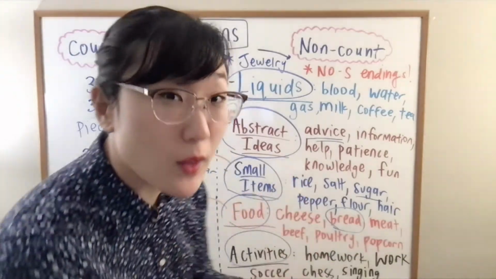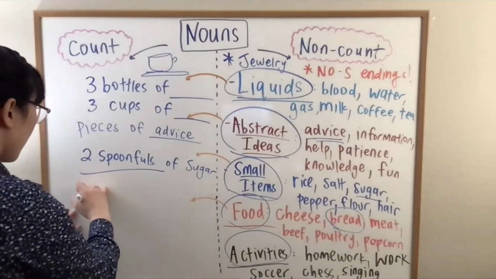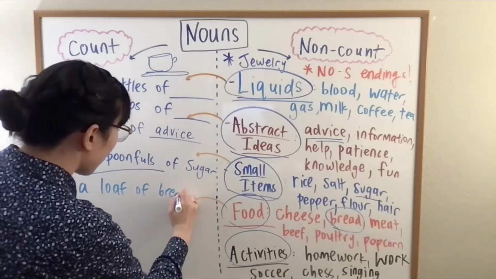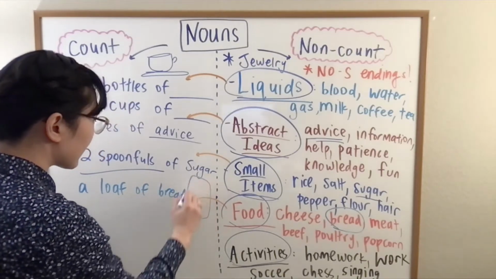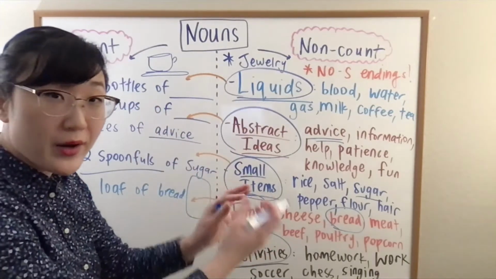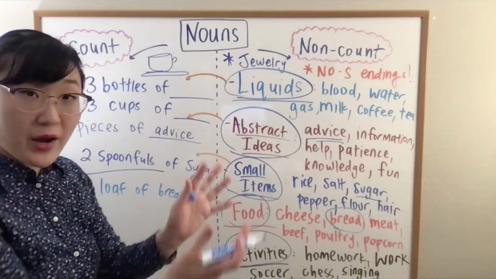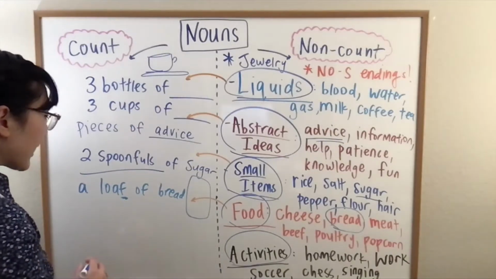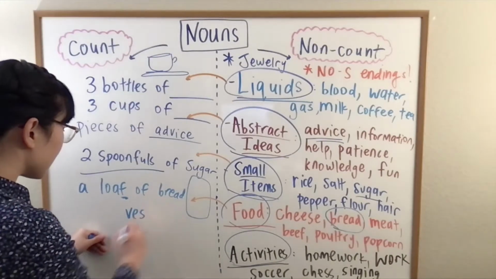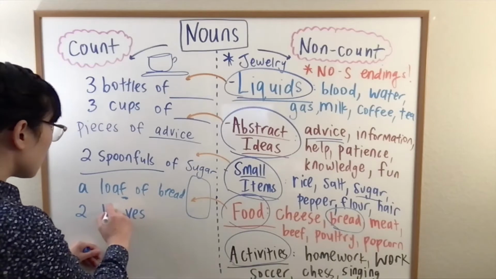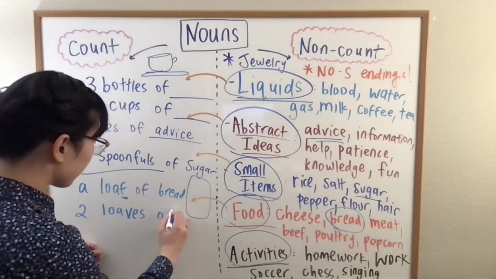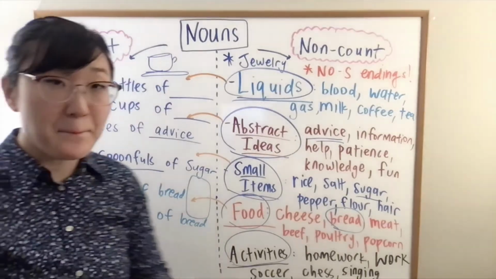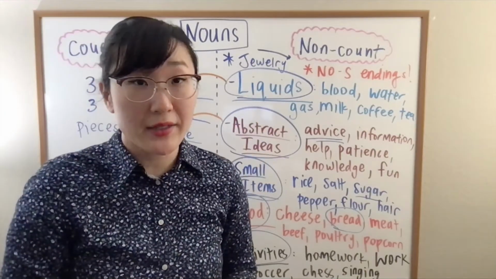That is called a loaf. A loaf of bread. A loaf of bread is usually like this. It's one whole piece of bread. If you have 2, remember this F in loaf will change to VES, right? So you can say I have 2 loaves of bread. I went to the bakery and I bought 2 loaves of bread.